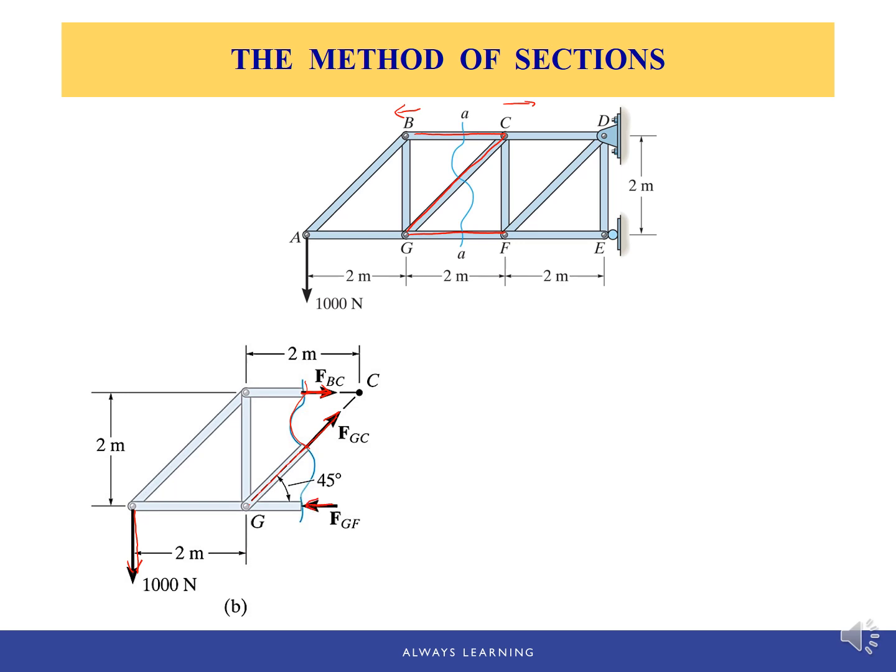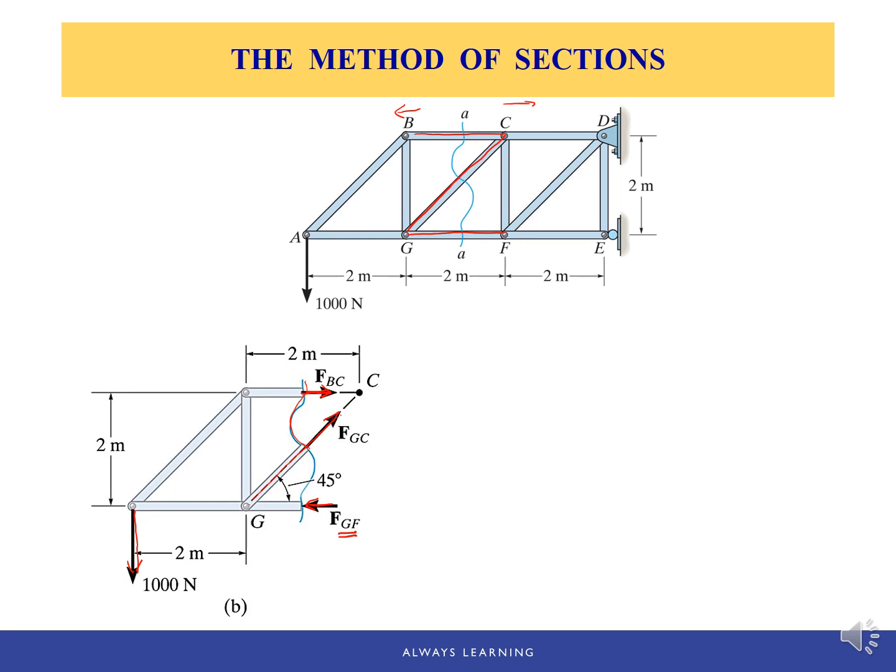In this example, I'm assuming the 2 forces FBC and FCG are tension, because they are pulling away from the member, whereas FGF is a compression because it pushes into the member.